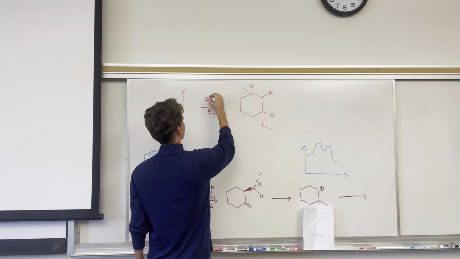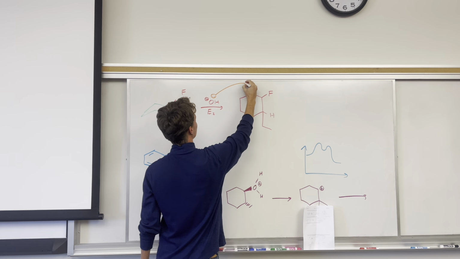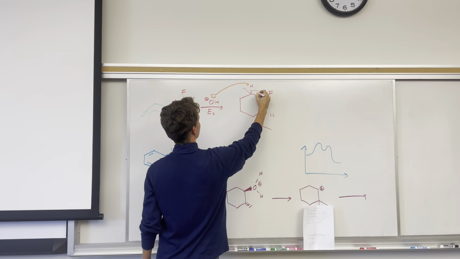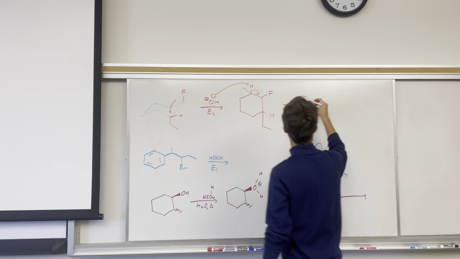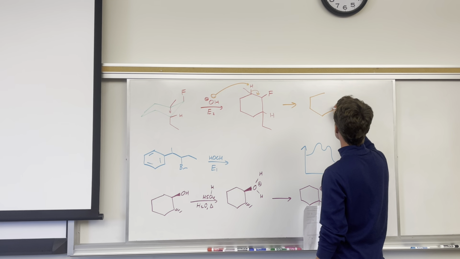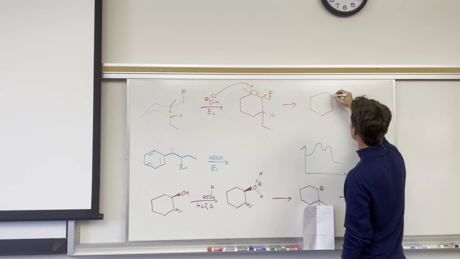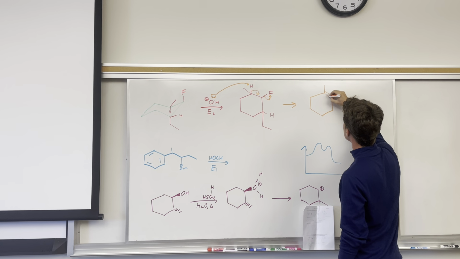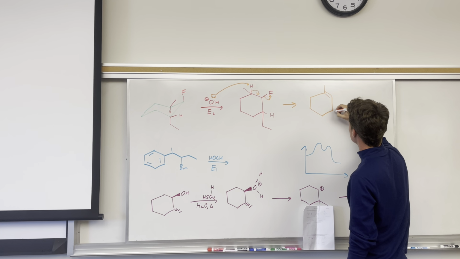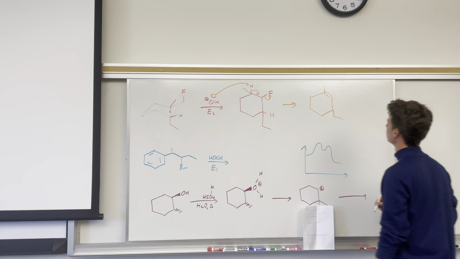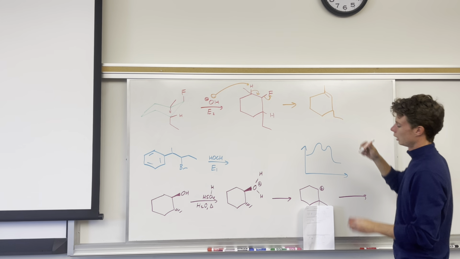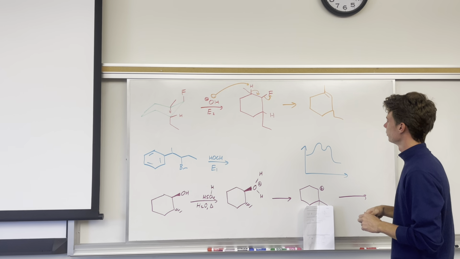My base would come in and only take this hydrogen, creating a double bond here. And my major product, with fluorine leaving, would have a methyl group and methyl group. Okay. And I get a tri-substituted alkene there. All right.